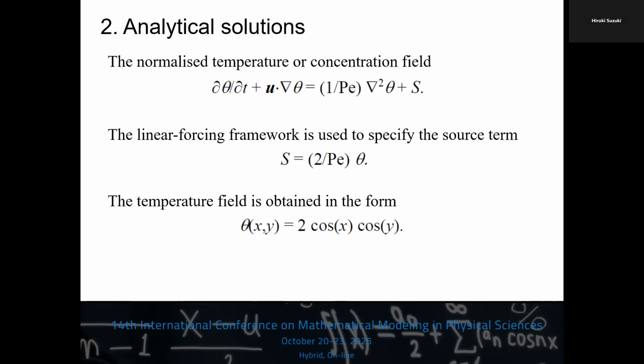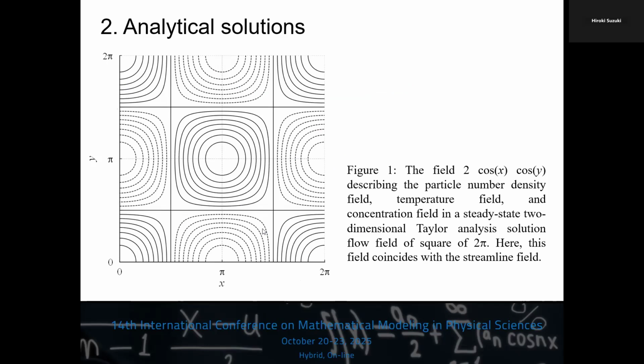As a result, the temperature field is obtained in the form illustrated in figure 1. This figure shows the temperature or concentration field in the steady-state two-dimensional Taylor analytical solution for a field of scale phi. Here, this field coincides with the streamline field.